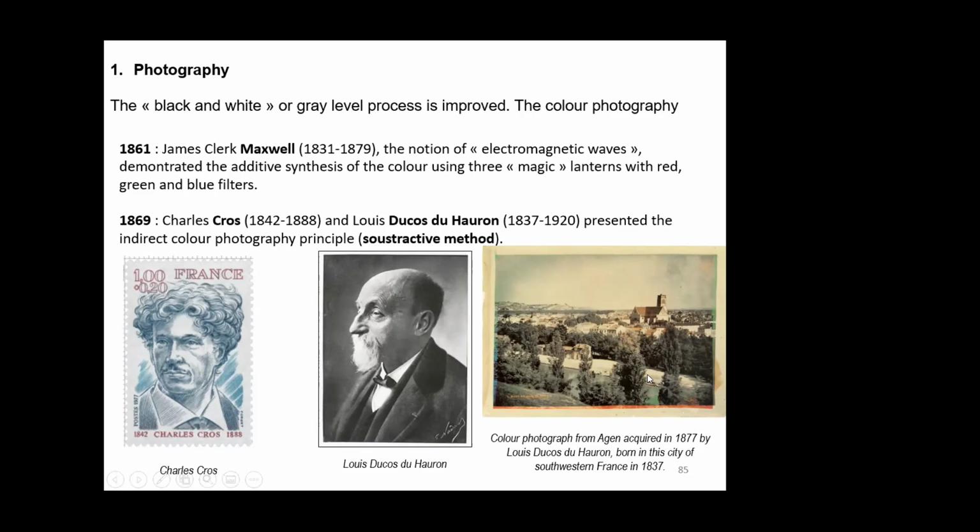And here in 1877, this is the city of Agen in southwest France, shot by Louis Ducos du Hauron, born in this small city in southwest France, along the Garonne River.